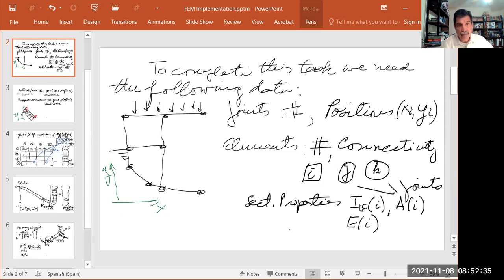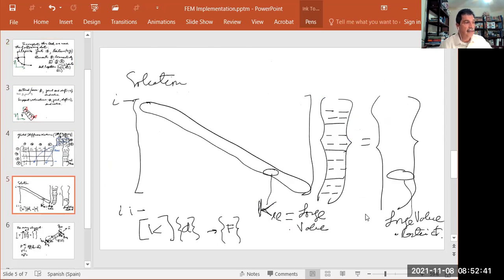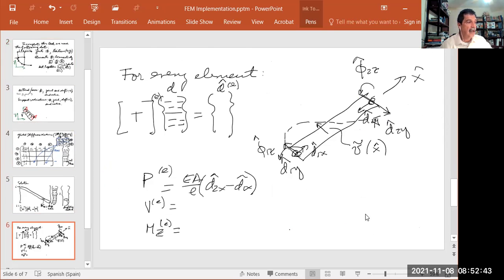If you include the lowest sectional modulus, after calculating the moment, you could calculate the stress in the joints. Remember, that's the normal stress in this direction.